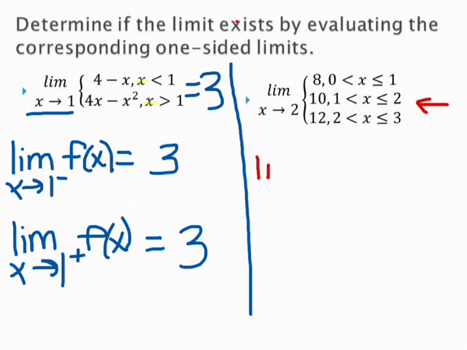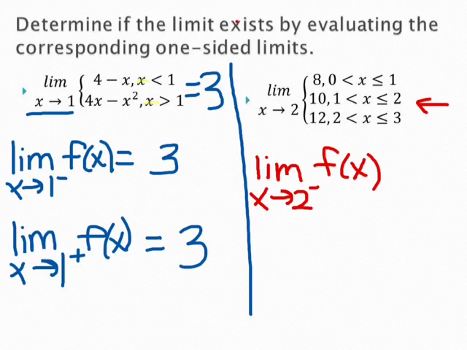So let's find out. The limit as x approaches 2 from the left side of our function means we are going to use this piece of the domain right here, because this is saying x is between 1 and 2, or equal to.